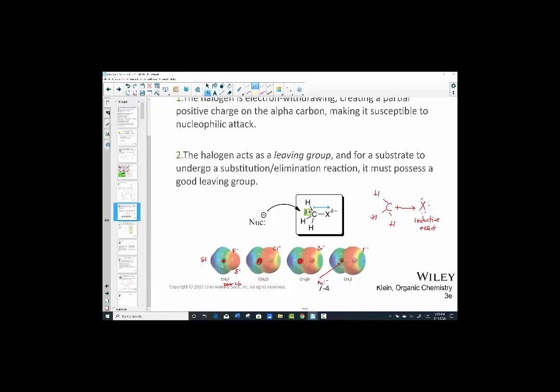And over here, chloride's a little bigger, bromide's a little bigger, and iodide with its large polarizable squishy cloud is a very good leaving group because it can stabilize the negative charge over a large surface area. So halogens are good leaving groups, and the halogen itself creates a nice positive target for the nucleophile to attack. And those are the two major reasons why the alkyl halides undergo substitution and elimination.